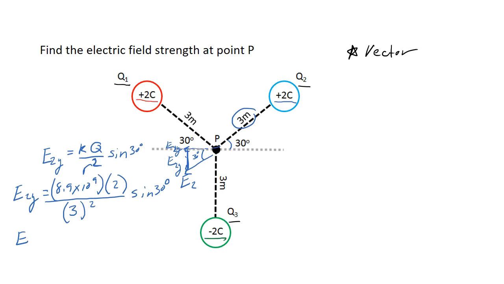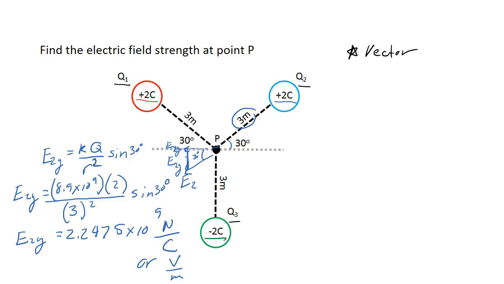Drop this in the calculator, and I find that the y component of the E2 field at point P is 2.2475 times 10 to the 9 newtons per coulomb. So we'll express electric field strength as newtons per coulomb. In some situations you might also see volts per meter, but in this situation newtons per coulomb makes a lot more sense.